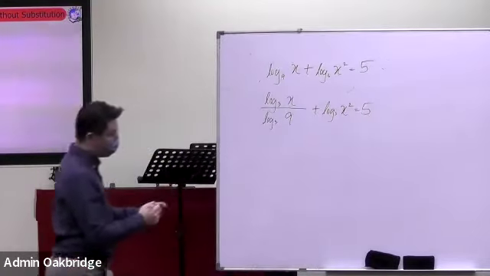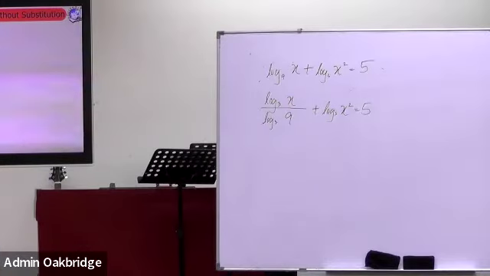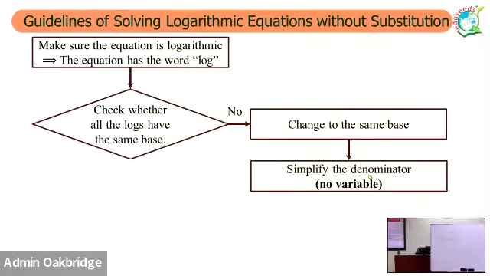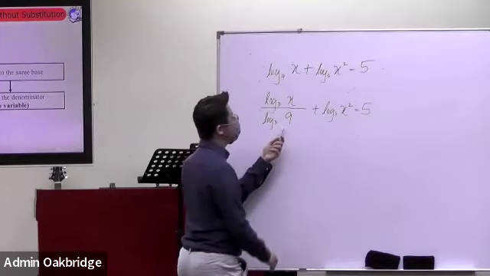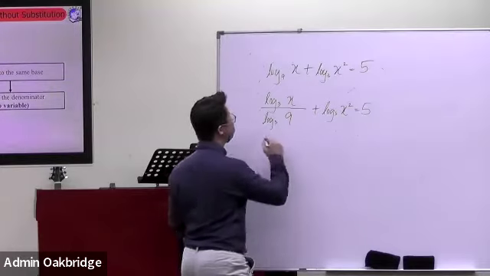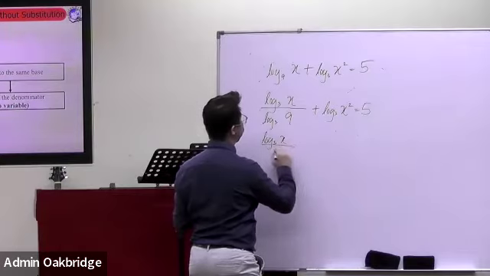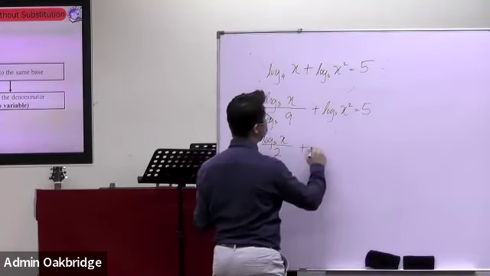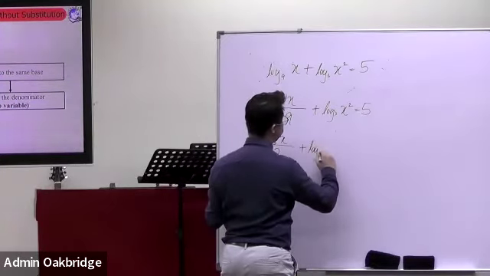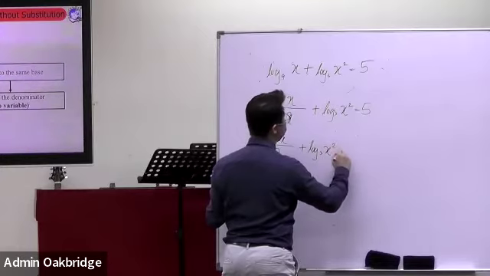Okay, so your next step is what? Simplify the denominator. Still no variable here. So you know that this is also 2, right?